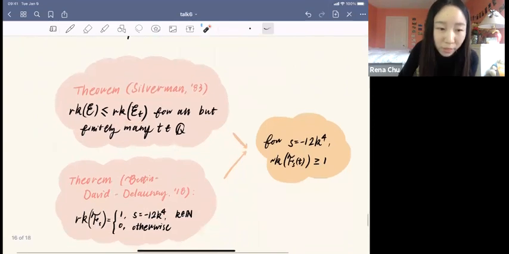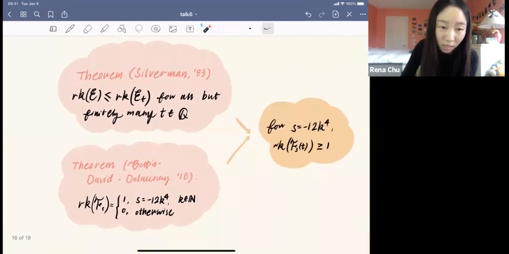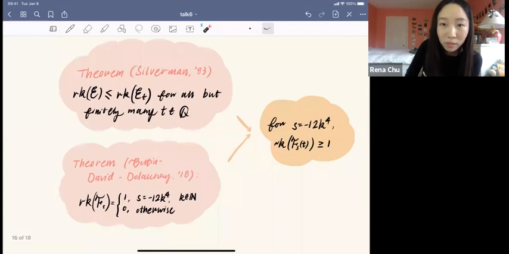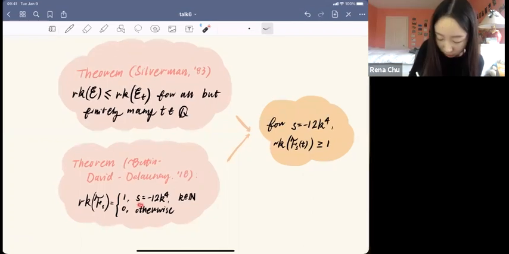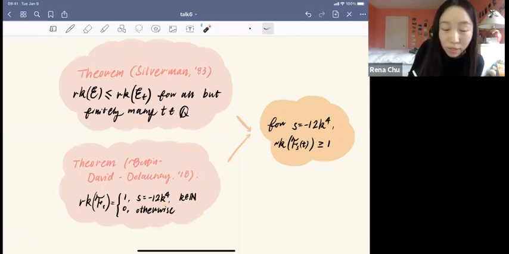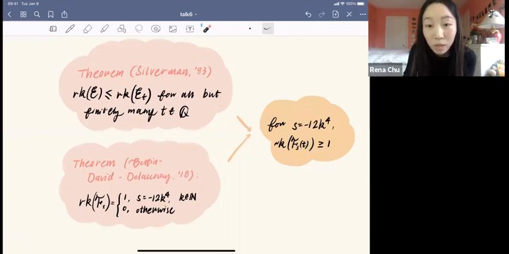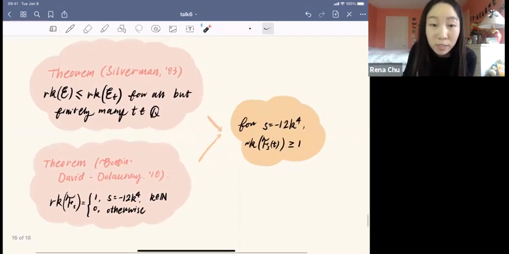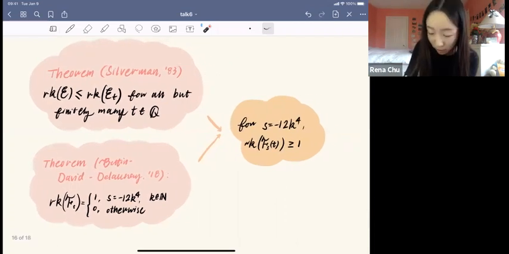Another theorem by Ben, David, and Delaunay says that if we look at the F family, then the generic rank of the F family is 1 if S is of this form and otherwise 0. So what these two theorems give us is that when S is of this form, then the rank of the fibers is at least 1. So this is applying the Silverman theorem to this result over here.